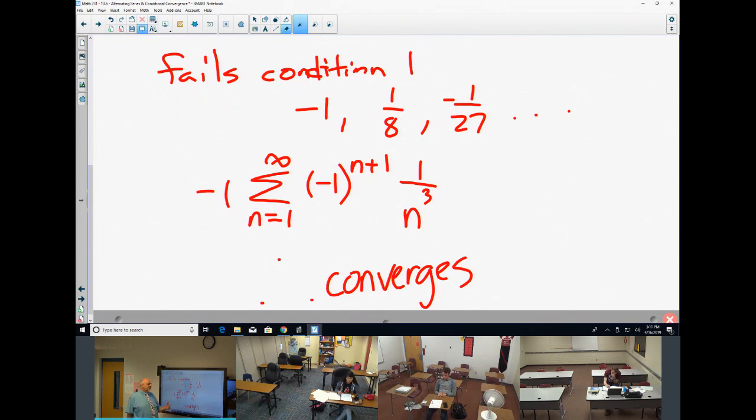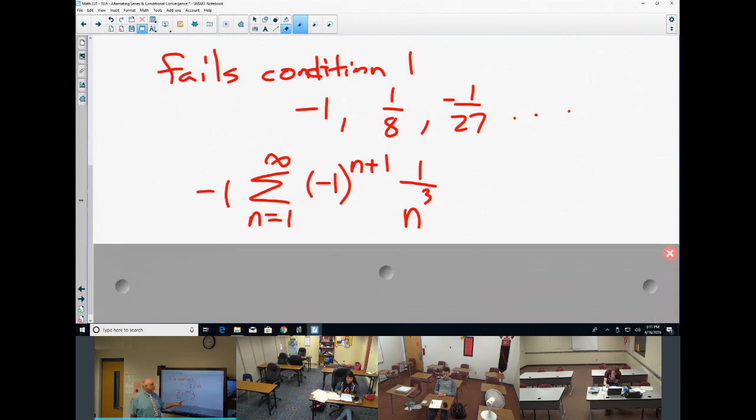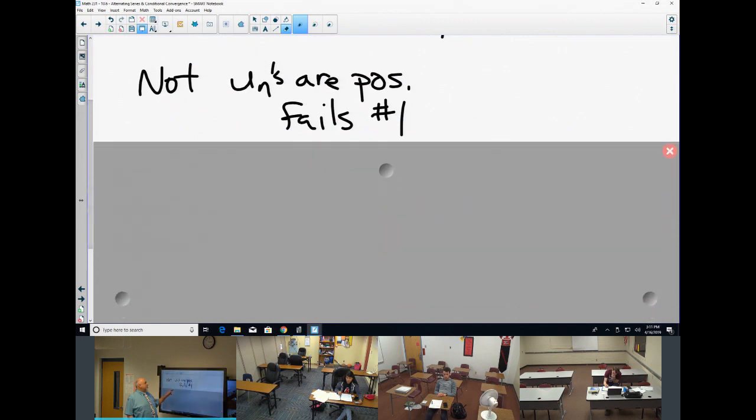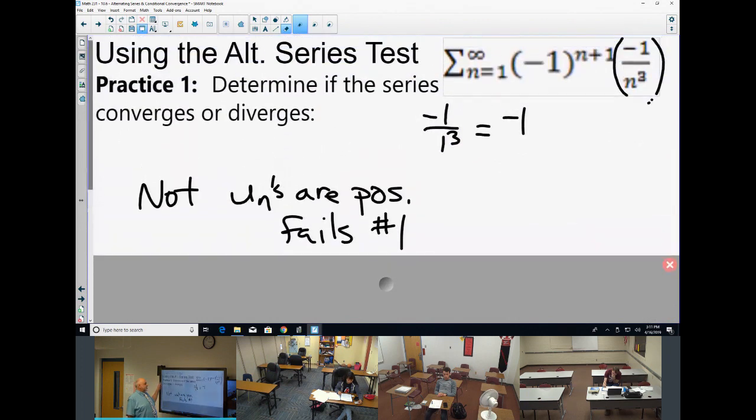But just from the original problem, it basically fails the test. Whenever we do one of these tests and it fails the test, that doesn't mean that the other thing is true necessarily. That's kind of the point of this problem: it just means it fails the test.